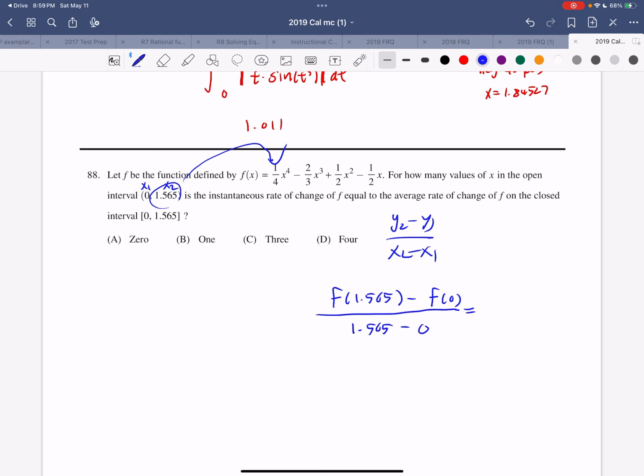So you just put this one into the calculator, and you're going to get something like negative 0.61357 over 1.565, which gives you negative 0.392057. Okay, that's what it is.